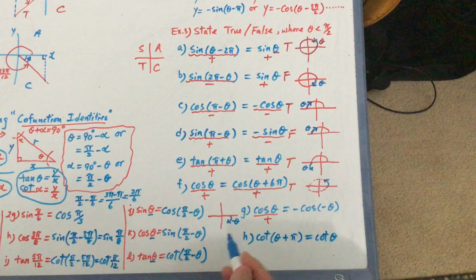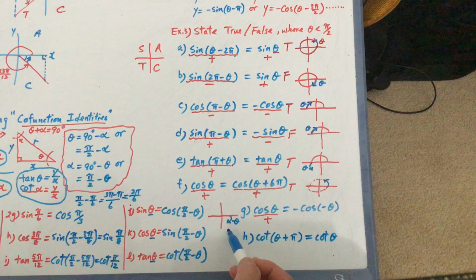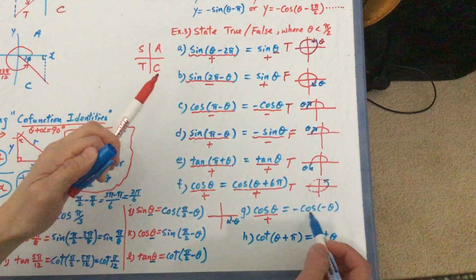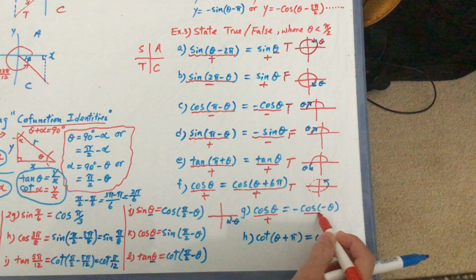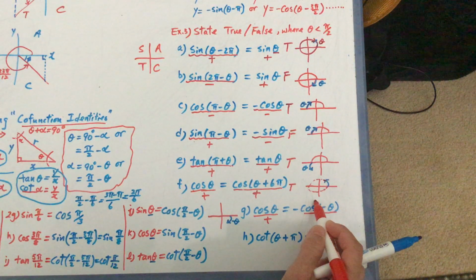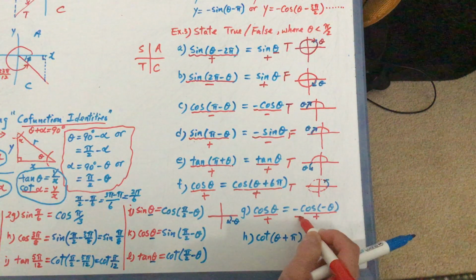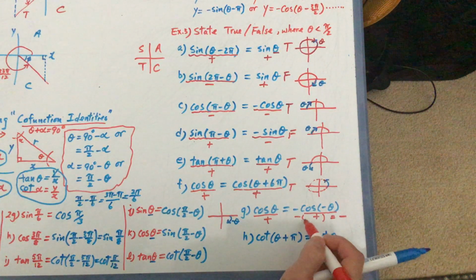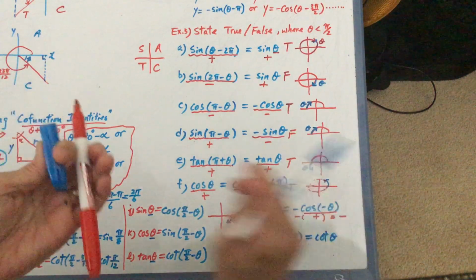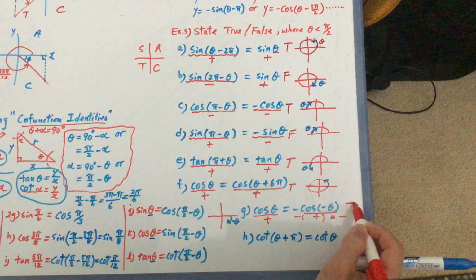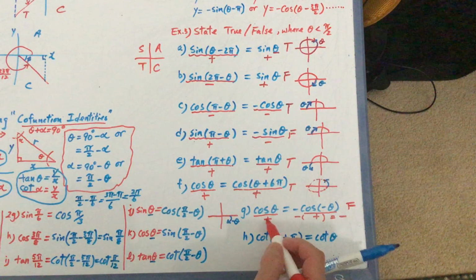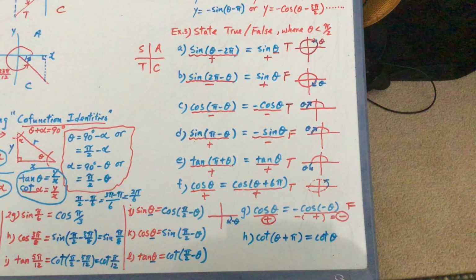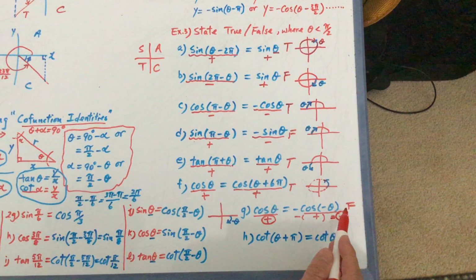And then this will be in quadrant 4. In quadrant 4, cosine is positive. So this much here is going to be positive, but then a positive with a negative will give you a negative. So this one is going to be a negative, so the answer is going to be false, because a positive over here and a negative over there, they don't match. So that makes it false.